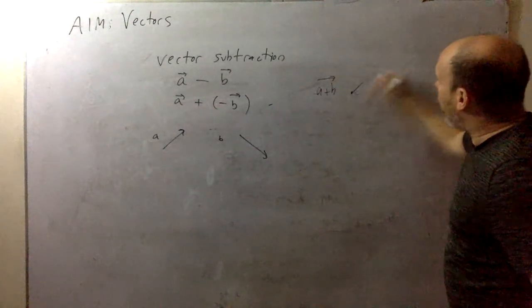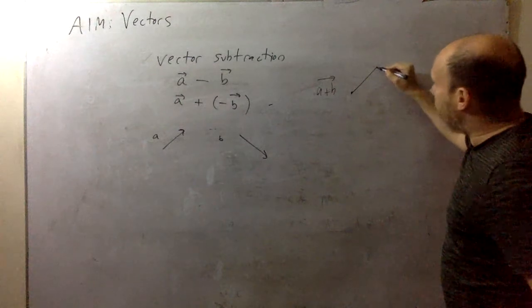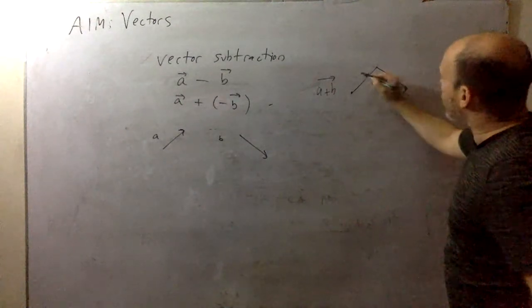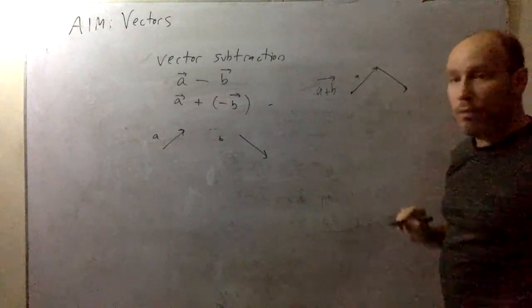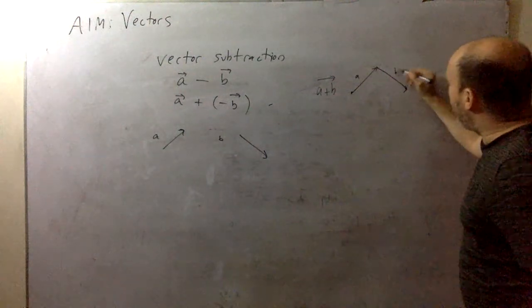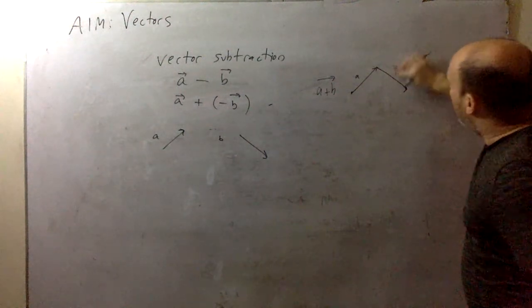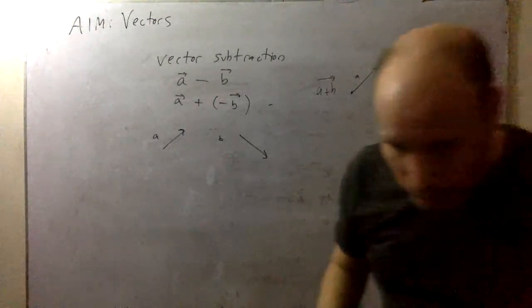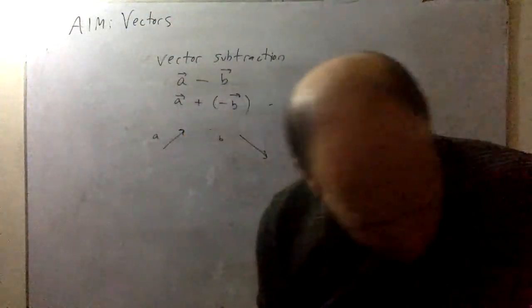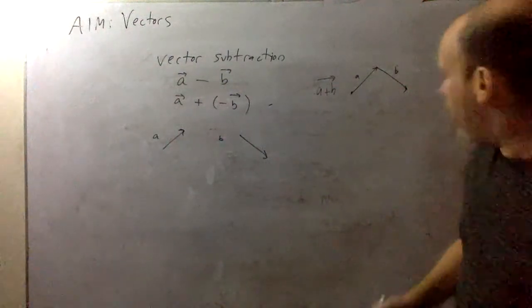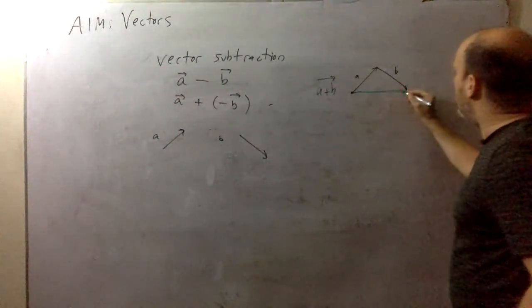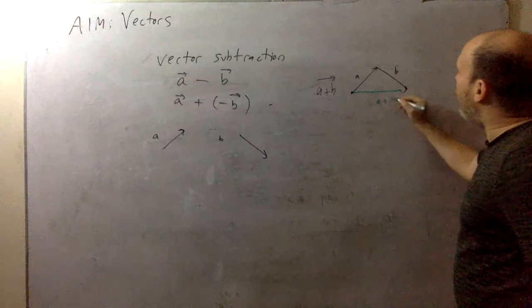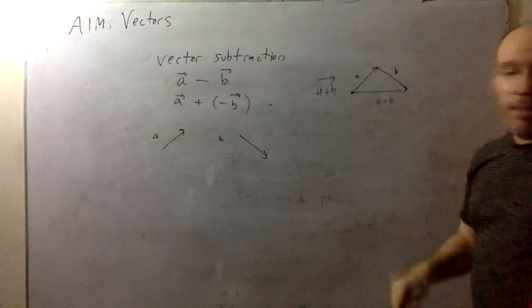Fine. I start here, I go up there, and then I go down here. That's B. So this was journey A, and this was journey B. And therefore, this is the displacement of A plus B.